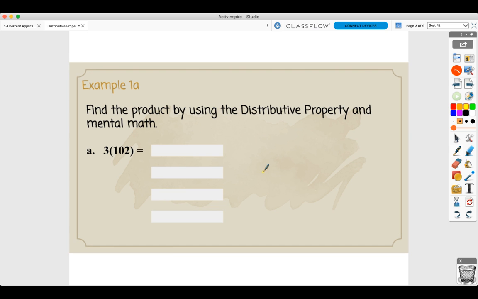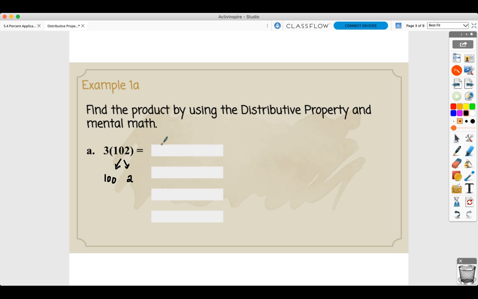Okay, so find the product by using the distributive property and mental math. A lot of the times when we work this out without a calculator, you're doing unnecessary work. So what you want to do is break up this 102 into something that can make your mental math easier. For instance, you have 100 and you have 2.